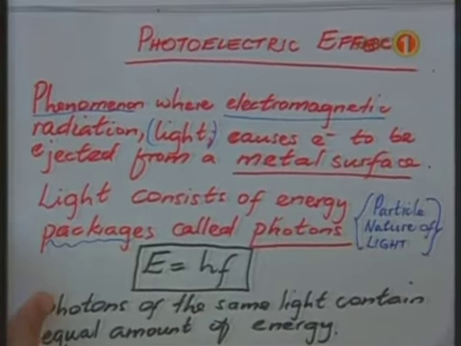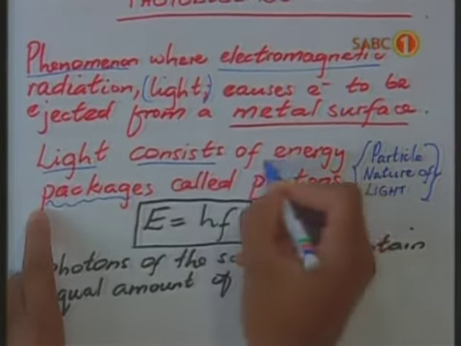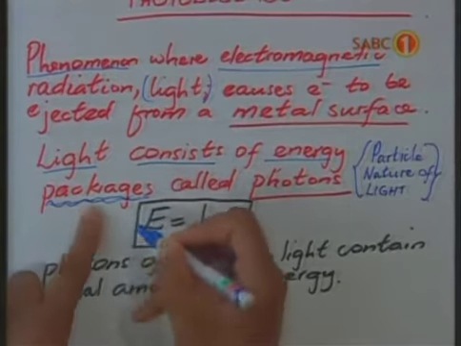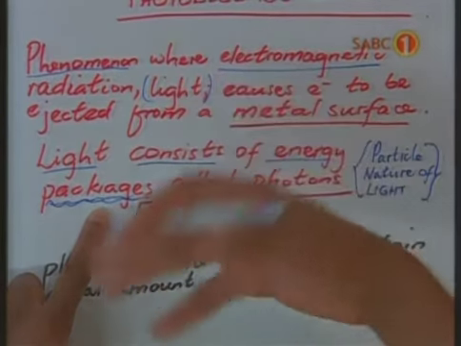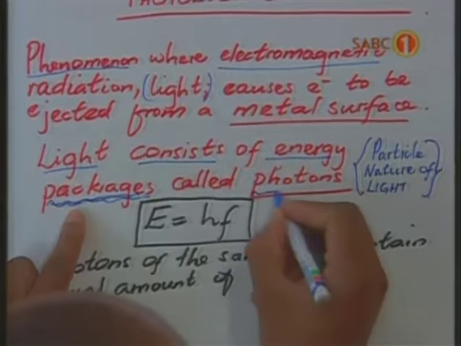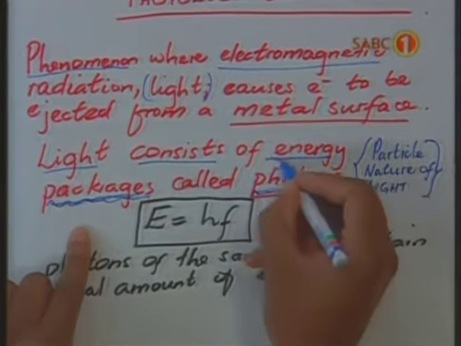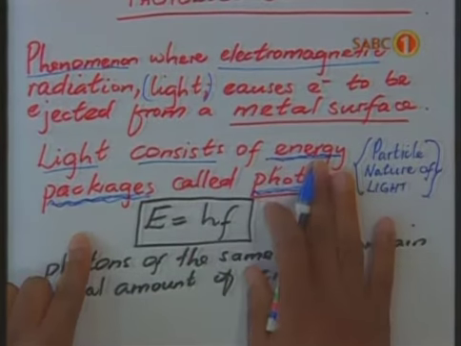Now, if light can cause electrons to be ejected from a metal surface, this tells us that this light consists of some packages or particles, something that we can even say might have some mass in them. These packages, we call them photons.